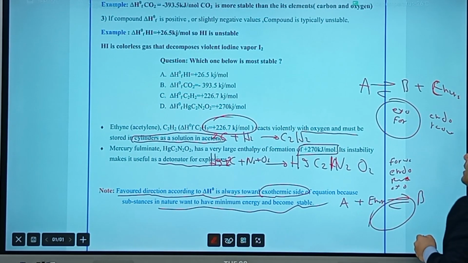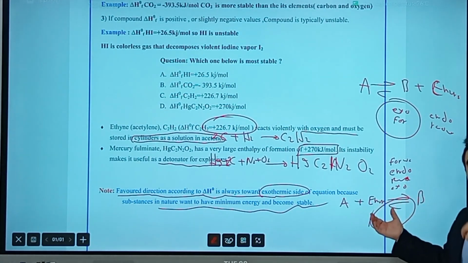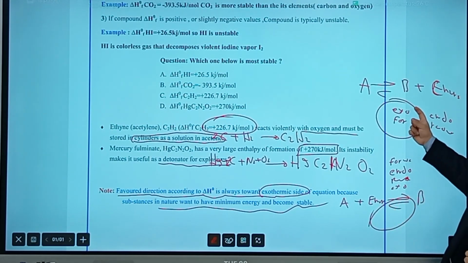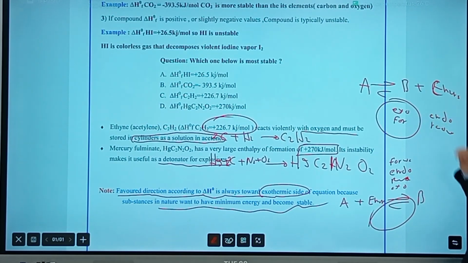The forward is favored. So guys, simply we can say that for all of the endothermic reactions, the reverse is favored according to enthalpy. For all of the exothermic reactions, the forward is favored according to the enthalpy.